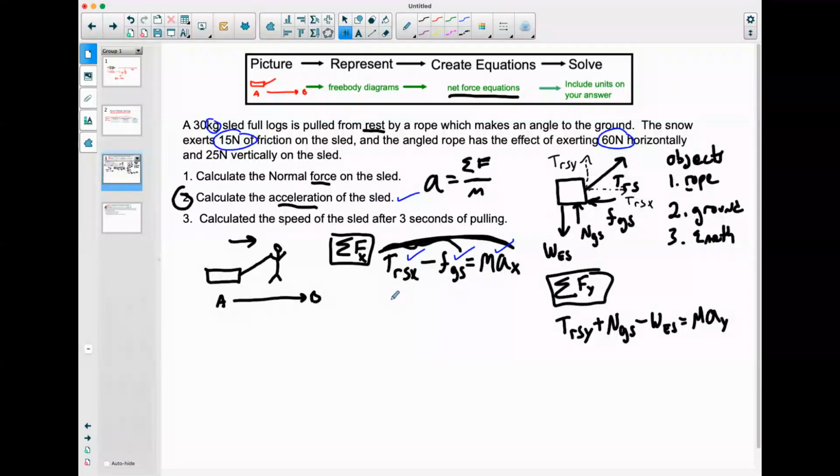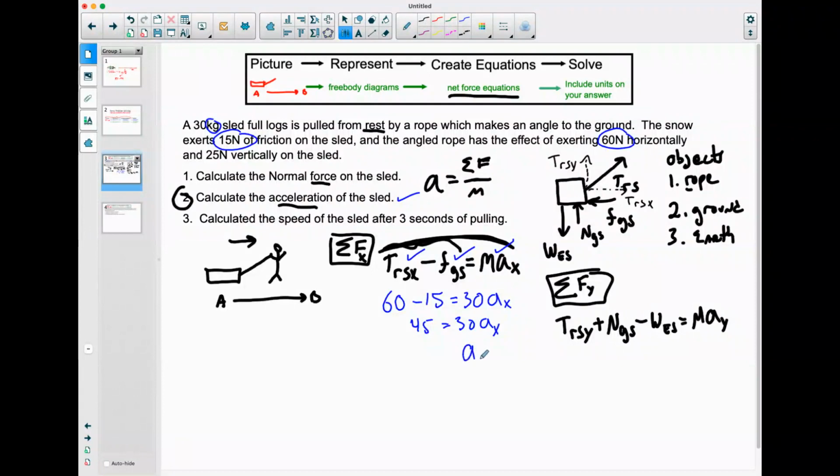So putting in our numbers, the horizontal tension from the rope is 60, minus the friction force from the rope is 15. That's going to equal 30 times the acceleration horizontally. And then I'll just do a little math. This is 45 equals 30 a sub x.